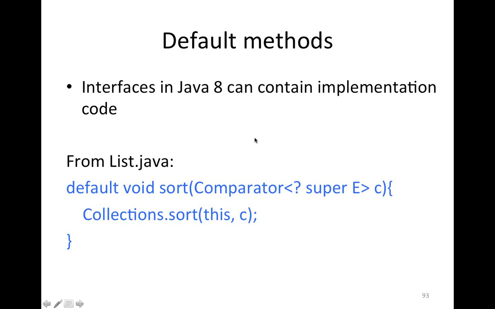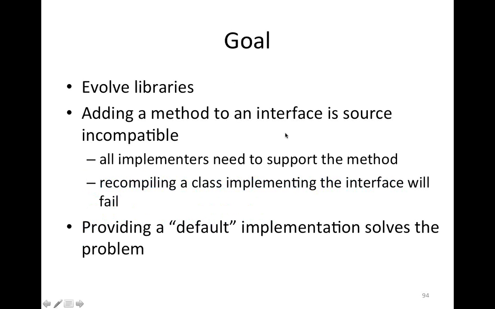So you may be wondering, wait a minute, how is that even possible? Interfaces are all about declaring a contract. Why can we have implementation code inside them now? Well, it turns out there's a specific use case. Adding a method to an interface is a major problem from a library designing point of view, because now all implementers of your API need to support this method.